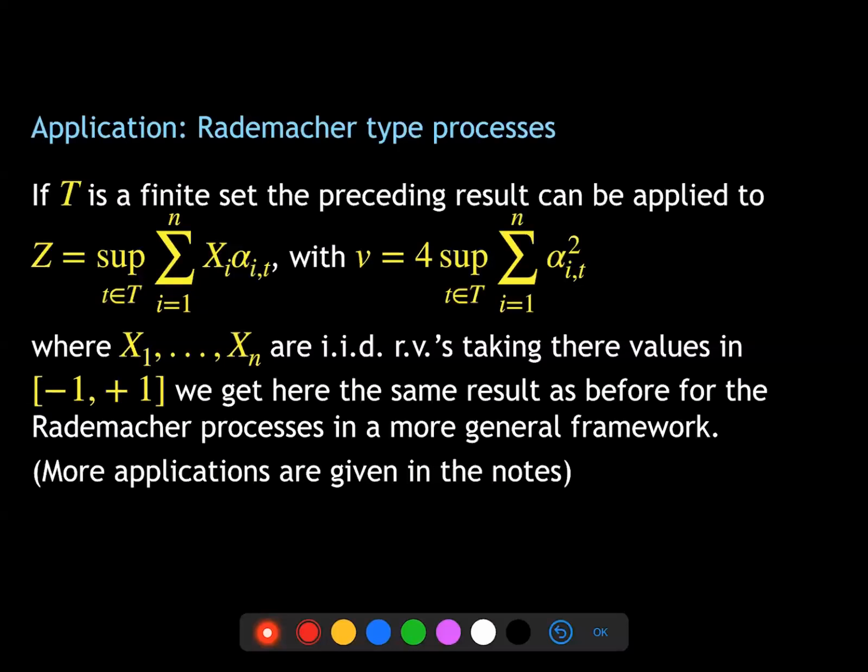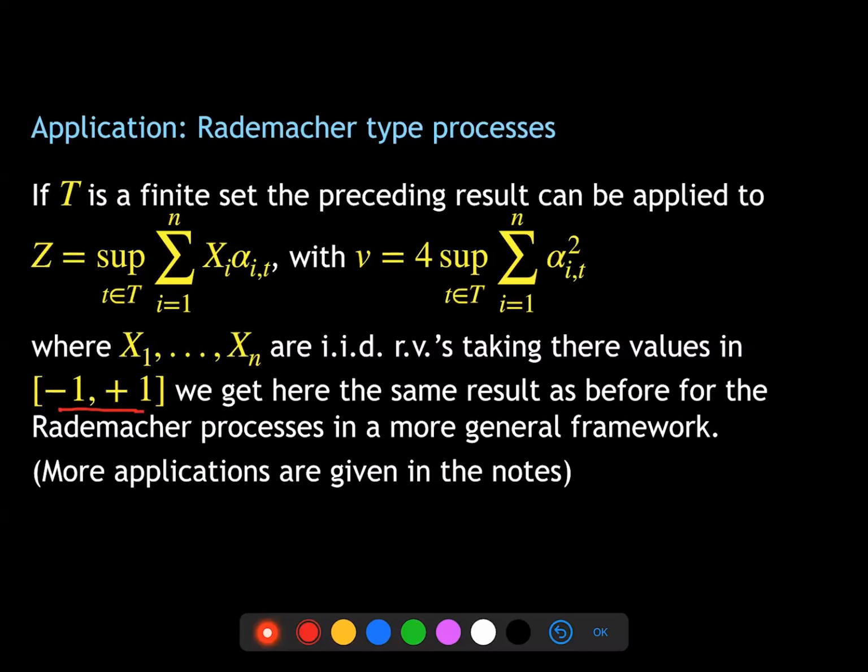And as a consequence, we may derive a result on the supremum of processes which are more general than Rademacher processes, because you have variables here which belong to the full interval -1 to +1, instead of being discrete and being equal to -1 and +1.